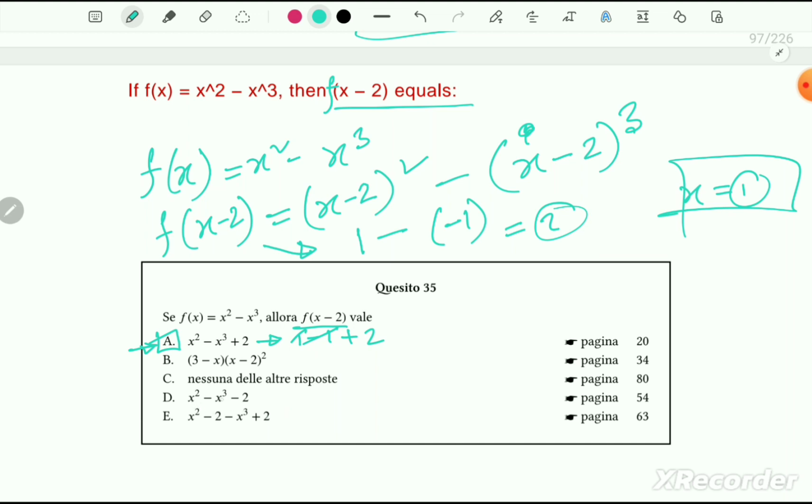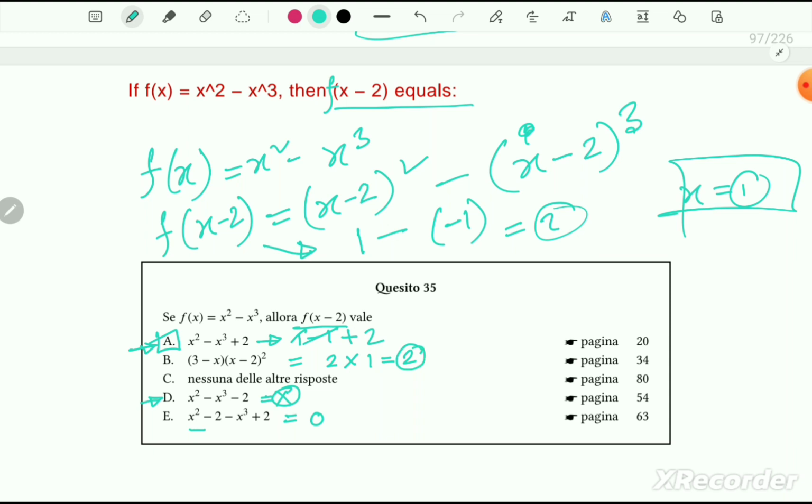Okay, if we input in option D, it gives us negative 2, that means it's not the answer. It gives us 0, and in this case it gives 2. Oh, it's also giving us 2.